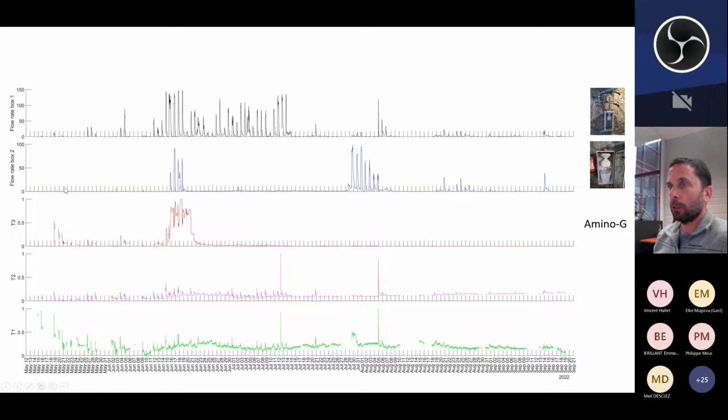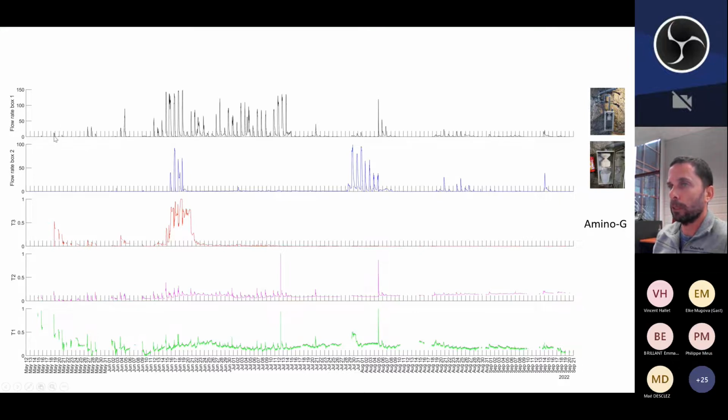Also, you can see that it was only in one of the boxes on the rain gauge. The other one did not measure because, even though they're close together, they are different fractures. So one fracture had water running, one didn't. And in this red graph, this is one of the sensors measuring amino G, which is one of the dye tracers that we put.